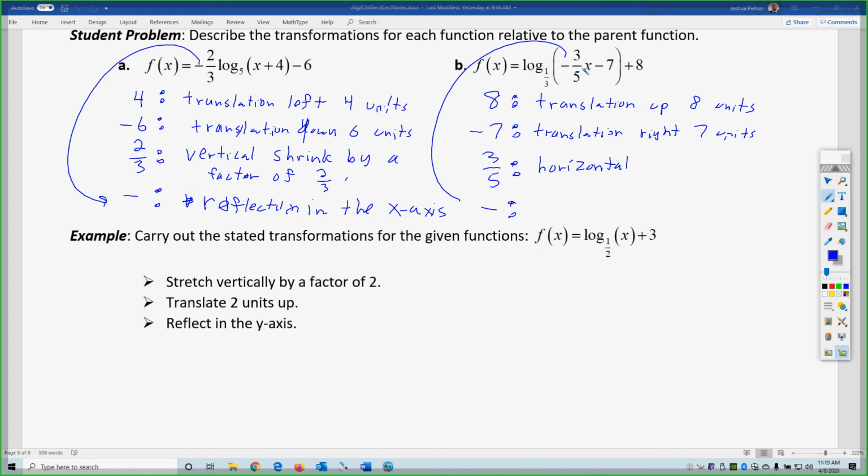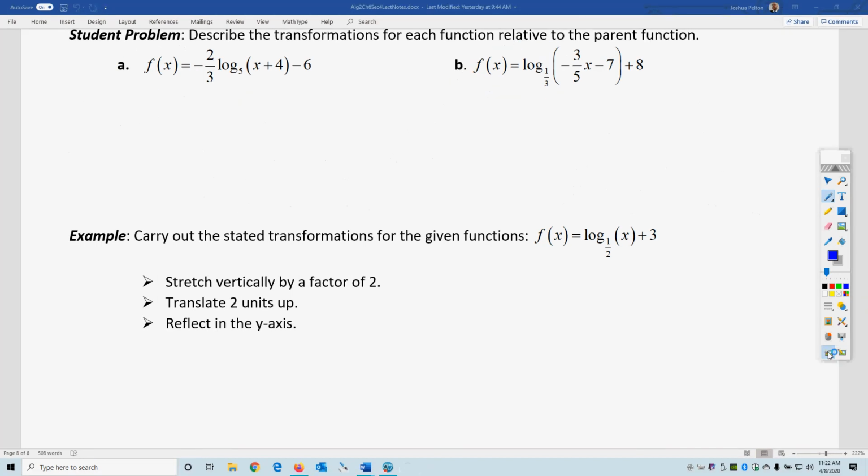In this case, it is a stretch by a factor of 5/3. It's always counterintuitive on the inside. And the negative's on the inside, so it changes x. So it's a reflection on the y-axis since I changed my x value. Okay, let's try the next problem.